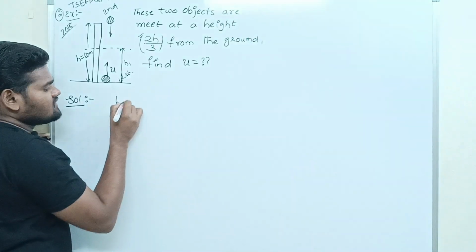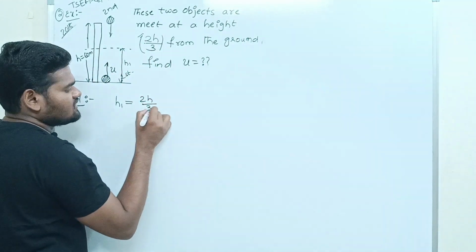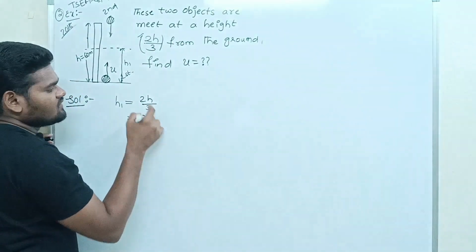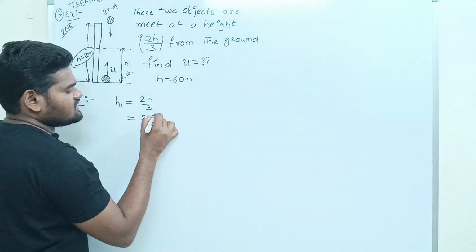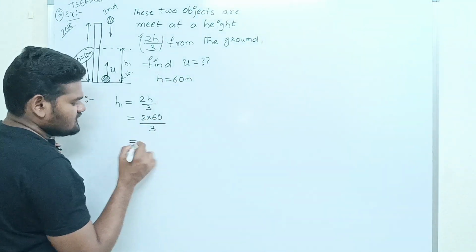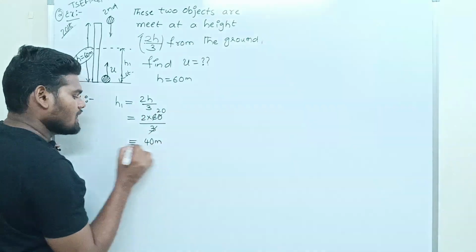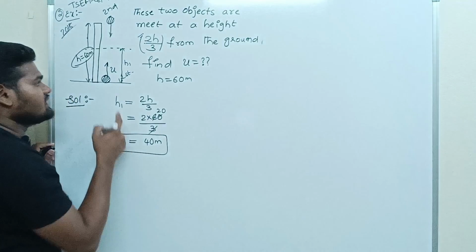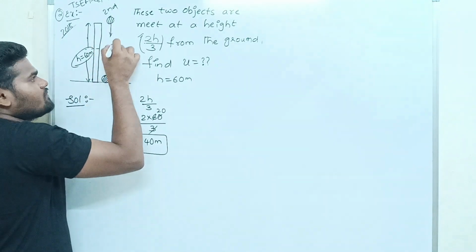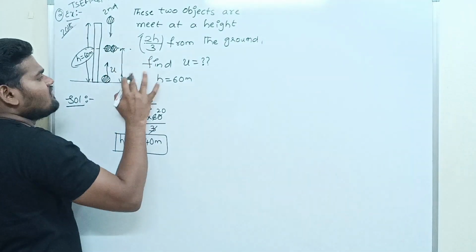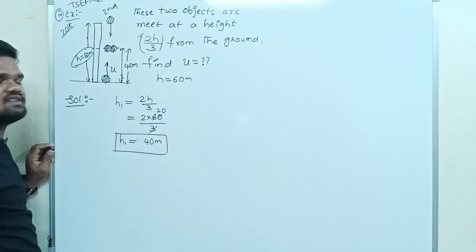So h1 is equals to 2h by 3, that is 2 into 60 meters divided by 3. 3 ones are 3, 20s are 60, so 2 2s are 40. H1 is equals to 40 meters. That means from the ground, these two objects meet at a height of 40 meters.